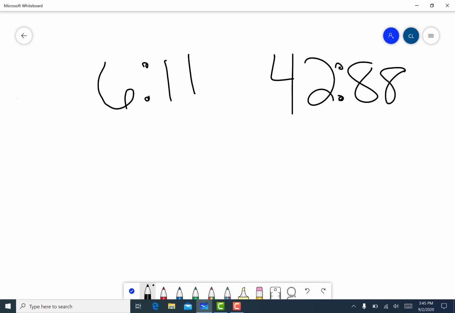I'm going to give you guys a second to determine if these two ratios are equivalent. All right, so what do you multiply by 6 to get to 42? You multiply it by 7.